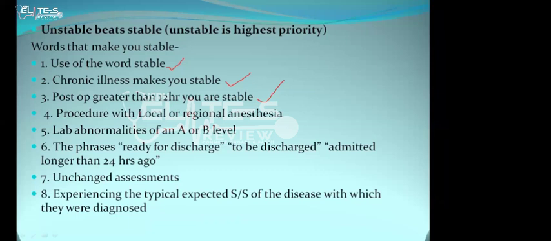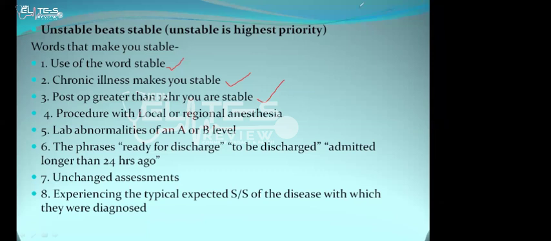You can only give patients who are 12 hours post-op to the UAP to care for, or maybe the LPN. But if they are within the first 12 hours, it is the responsibility of you, the RN, to care for this patient. So people who are within 12 hours are unstable, but after 12 hours, you are stable in terms of prioritization.